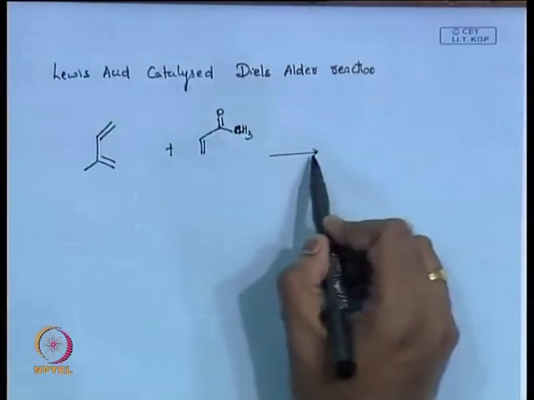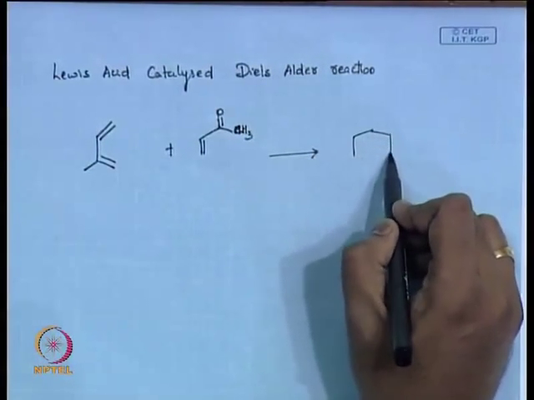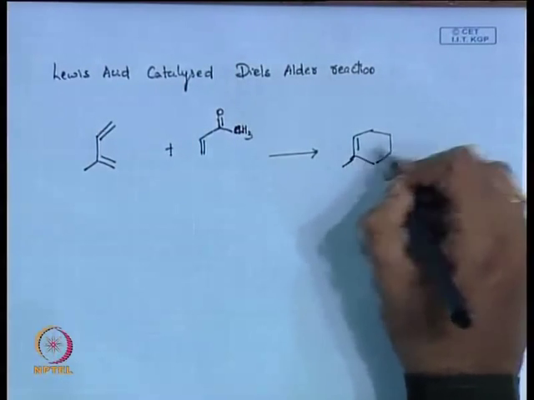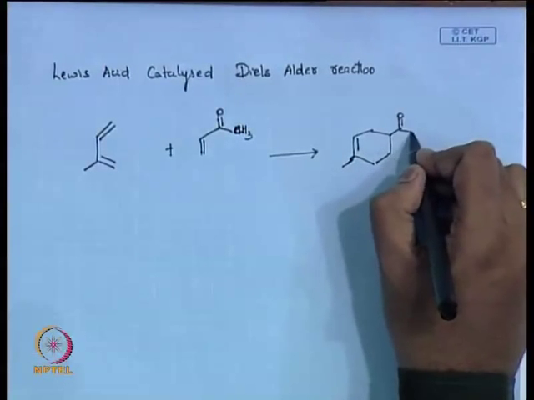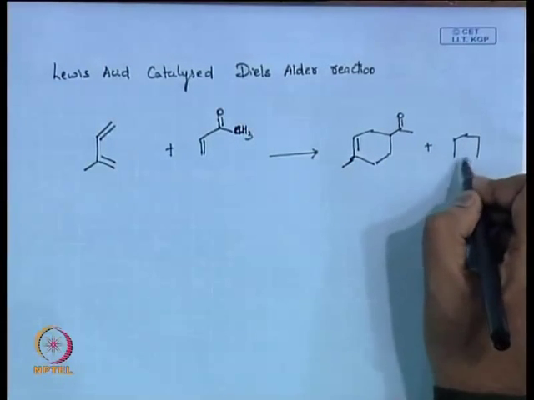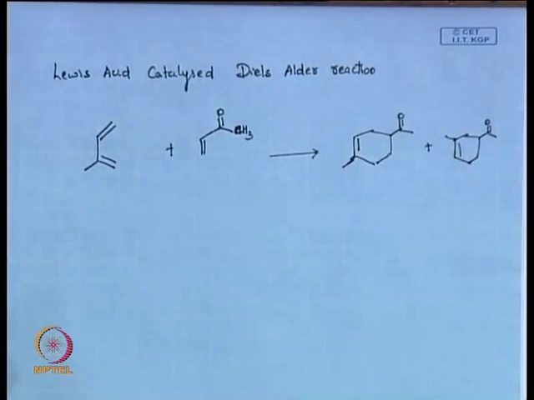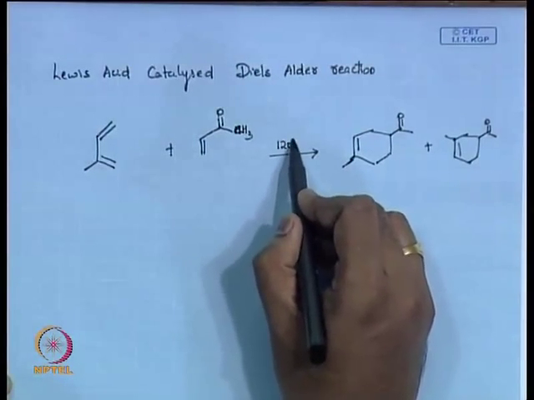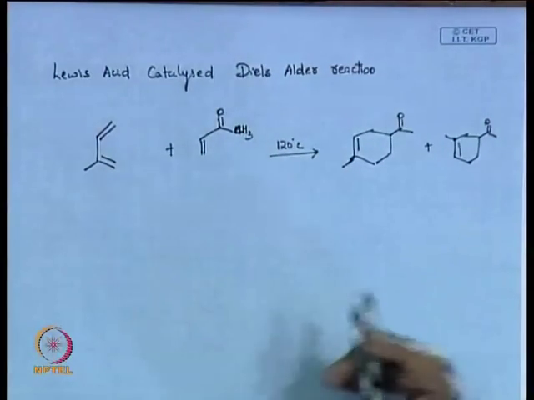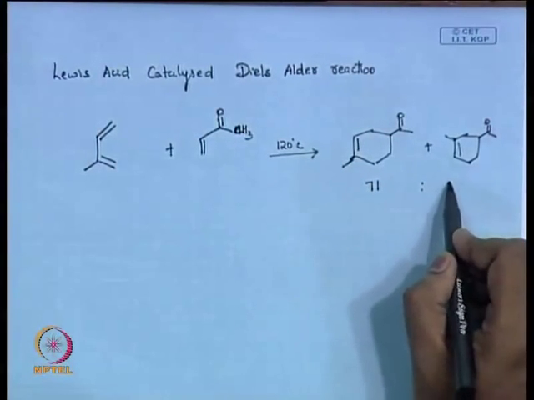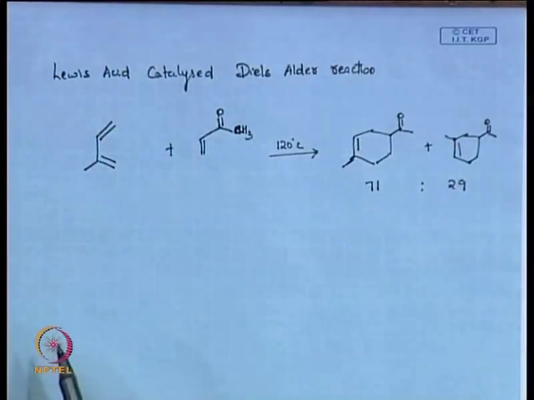If you do this reaction, you should get two products, right. If you take the regioselectivity you are talking about, one should be in the para position and one should be in your meta. So, I should think about two products, and if you do this reaction at 120 degrees Celsius, just you put these two and heat it, you end up with two products, but if you see the selectivity, it is 71:29. Okay.